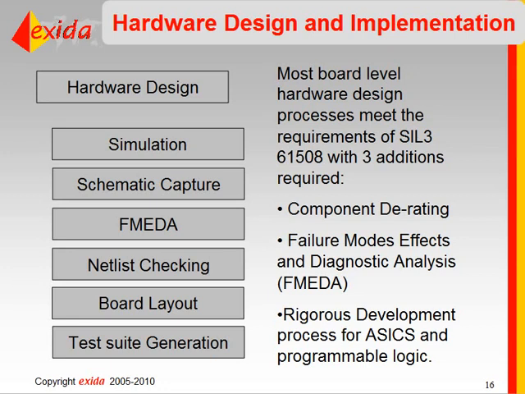And essentially, most board-level hardware design processes will meet the requirements of 61508 with 3 additions required. And this is because the standard doesn't get into too much about the hardware development process overall, except for these 3 areas.